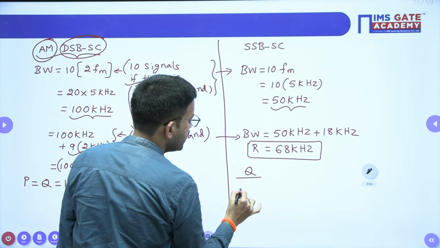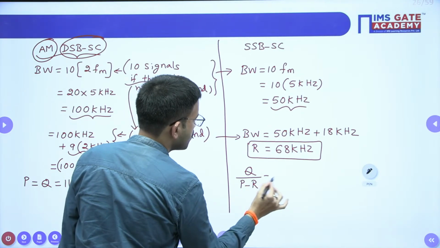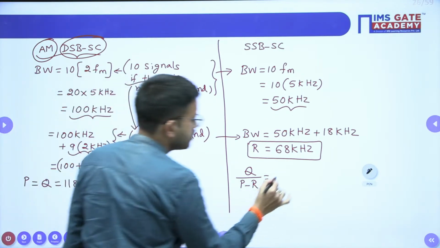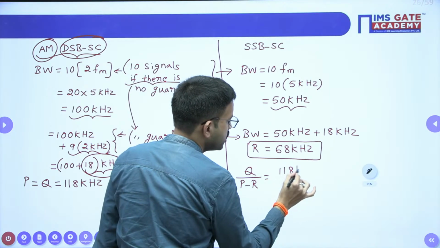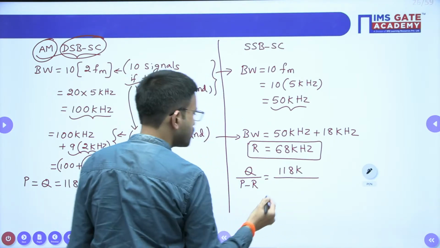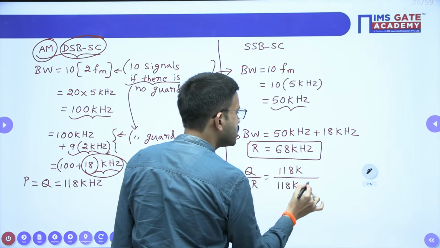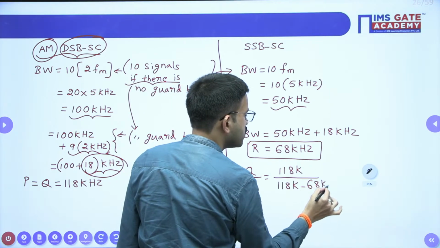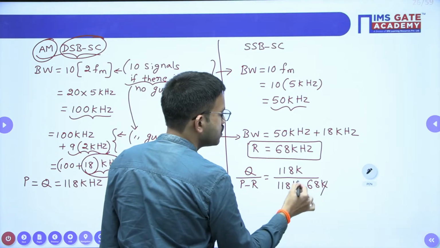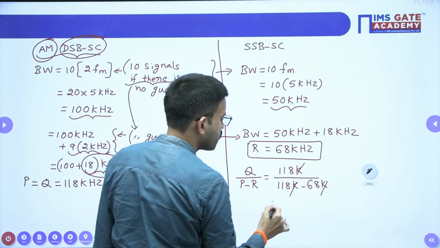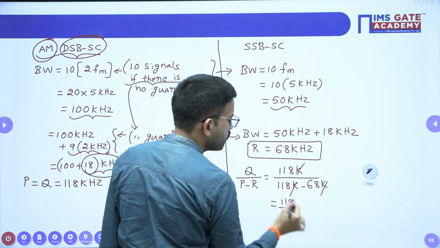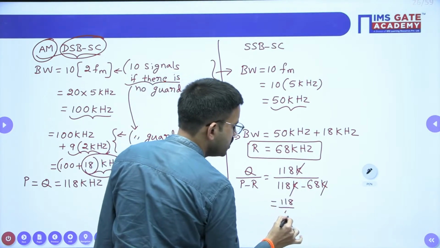Q value is 118 kilohertz, and P value is also the same, 118 kilohertz, minus R value, which is 68 kilohertz. You can take kilo as common, so kilo will get cancelled. 118 divided by 118 minus 68 is nothing but 118 divided by 50.